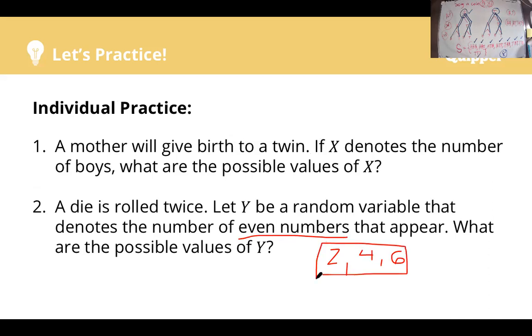What are the possible values of Y if Y is the number of even numbers? So bibilangin nyo kung ilang 2 ang lumabas, ilang 4, ilang 6, and then you will just put that in your answer. Okay?